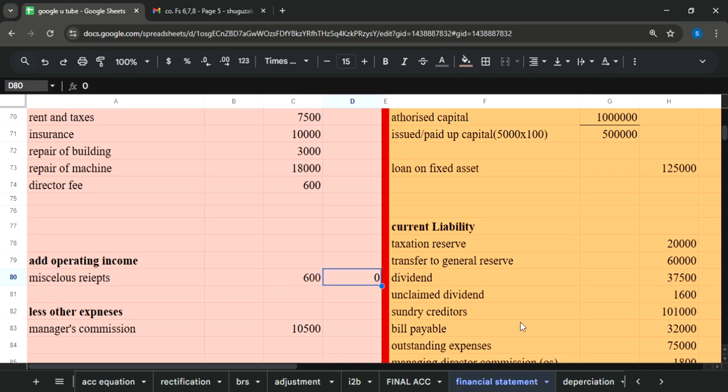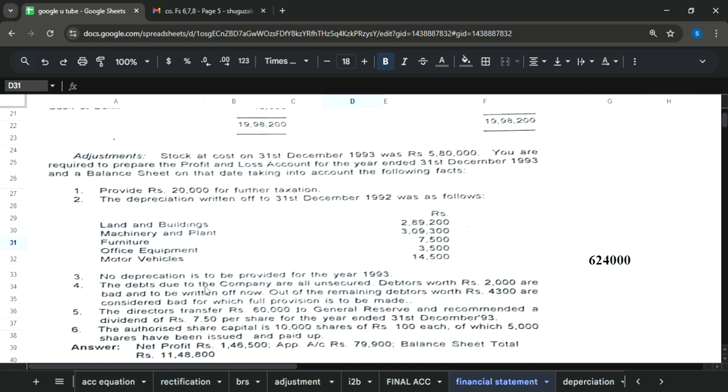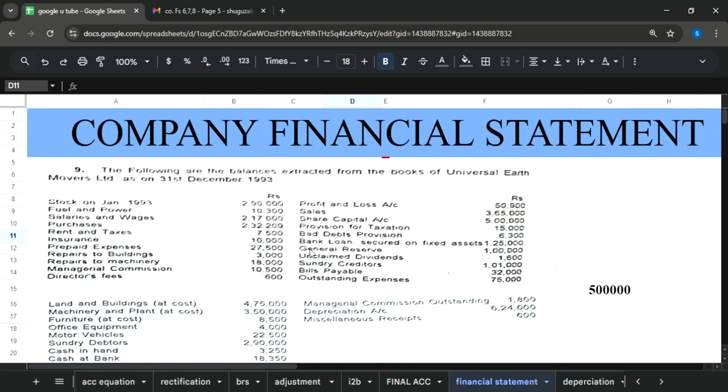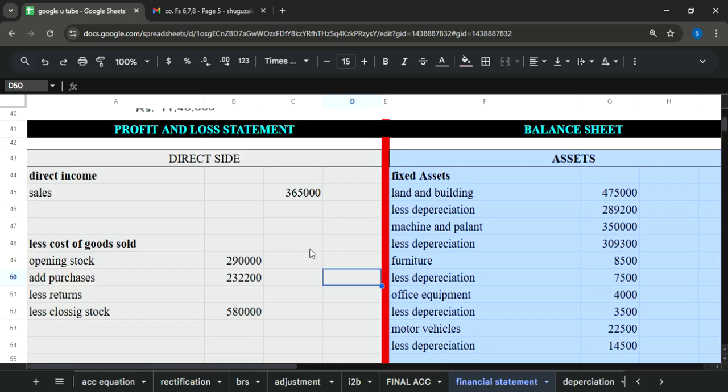So guys, you have seen that all elements present on the credit side are written and recorded in the financial statement. The debit side was already completed. Adjustments were previously recorded. It means from A to Z, all elements are recorded. We are now free to start our calculations.